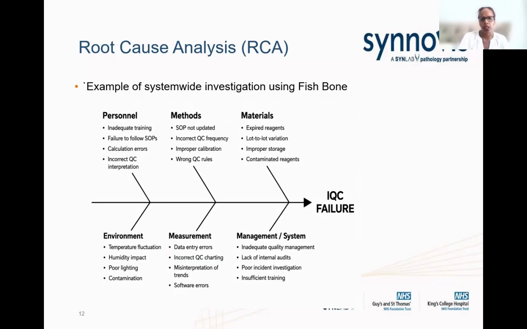And then when you're thinking about materials, you are looking at things like whether the reagent is expired, and what the lot-to-lot variations are. So you can go back to your acceptance or QC acceptance data to see where your QC was running in the lot that you're running at that point. Is there any improper storage?